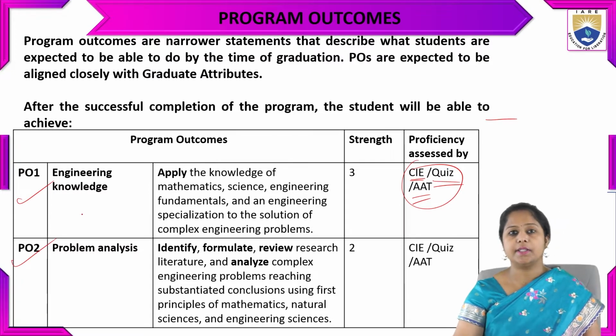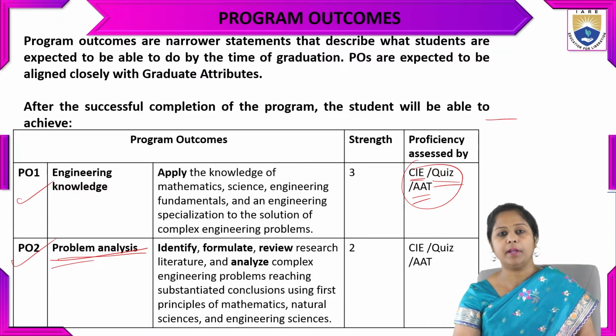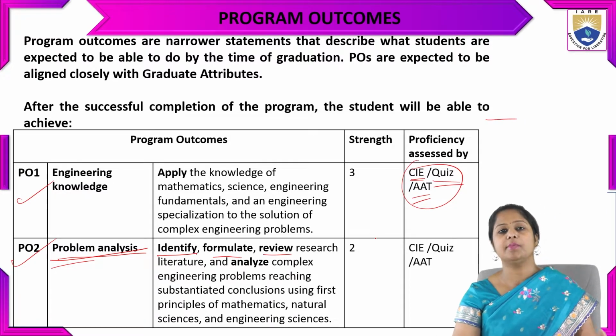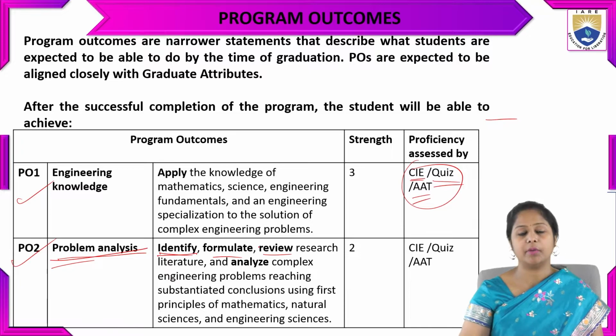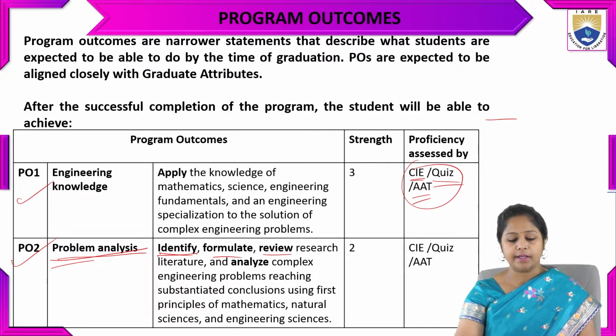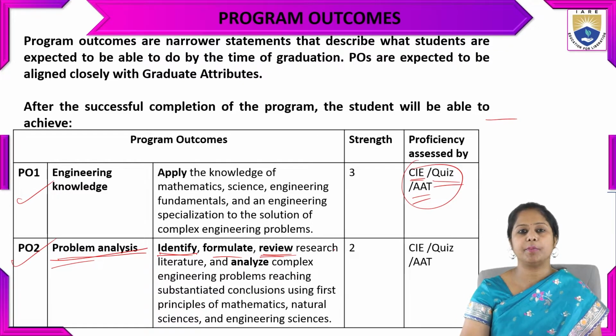In PO2 there will be problem analysis. In problem analysis, the student is going to identify, formulate, and review some of the research literature, research papers. He is first going to identify some of the literature papers, then formulate, and then review which research papers are best for him to take for identification.